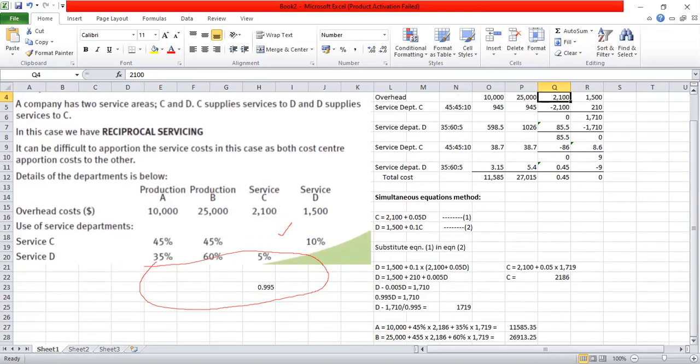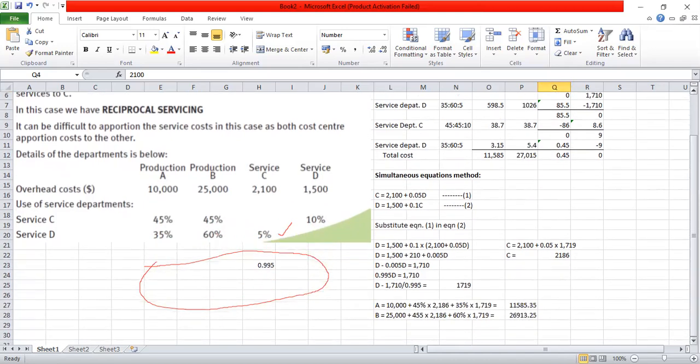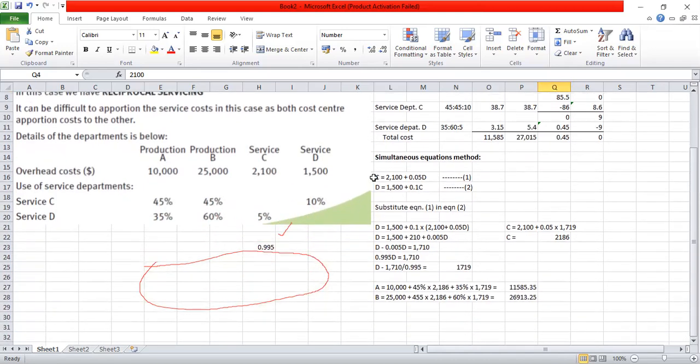We have used equation 1 and substituted it in equation number 2. Equation 1 is C = 2100 + 0.05D. So the entire 2100 + 0.05D is substituted here.